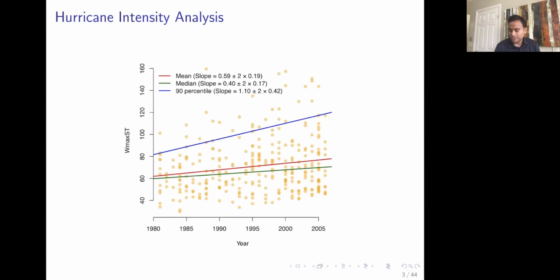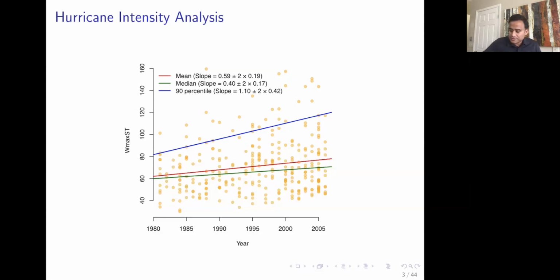What you're seeing here are tropical cyclones between 1981 and 2006. Every dot represents one cyclone. We are measuring its maximum strength, measured by maximum sustained wind speed for at least a minute, in knots, and the year of the cyclone on the x-axis.